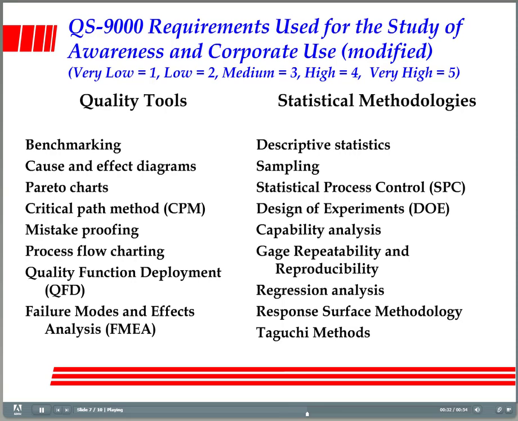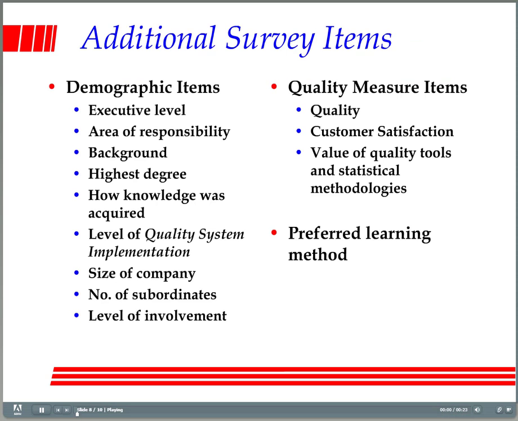One of the statistics I got from this was a total value for each one for both quality tools and statistical tools for both awareness and use. And that became some X variables that I used to predict something later on.